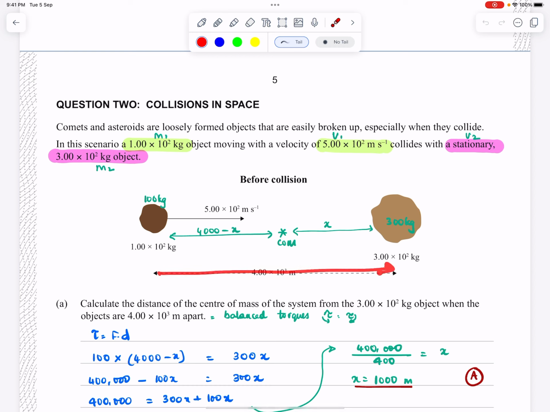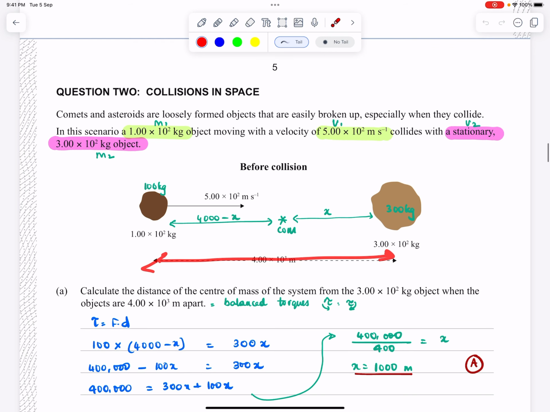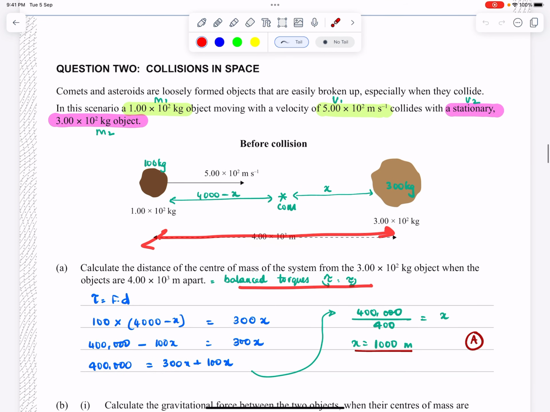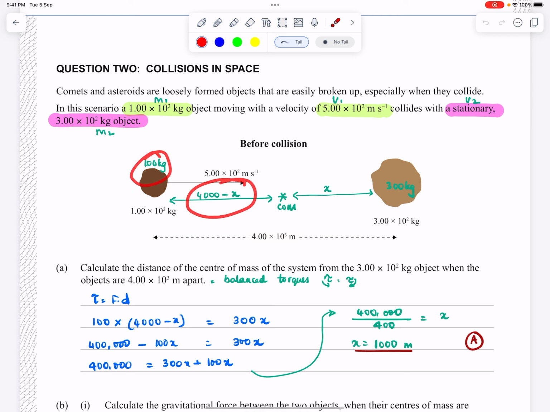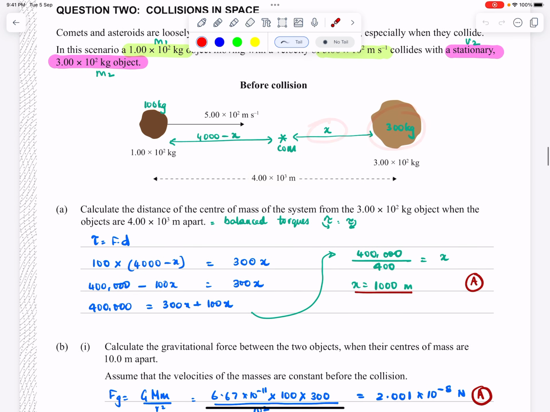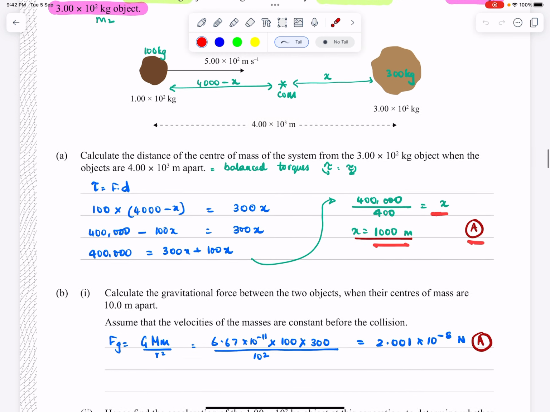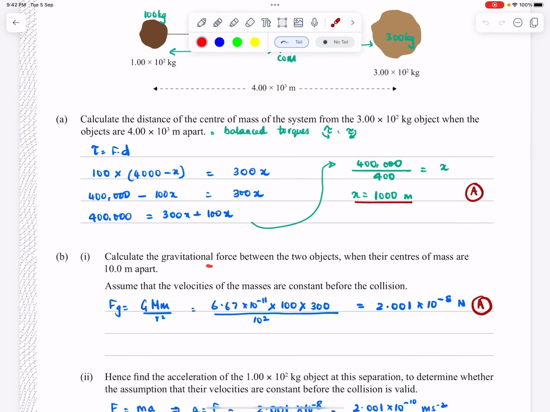Using balanced torques, 100 times this equals 300 times x, and then you solve for x and you get 1,000 meters. That's an achieved.